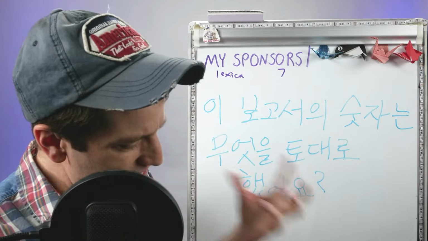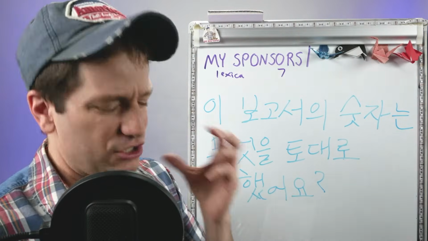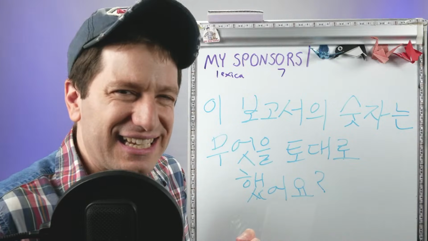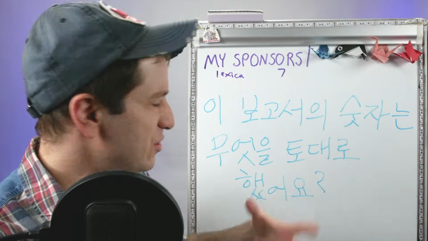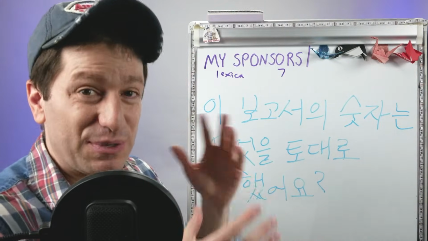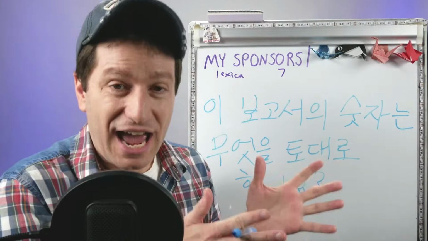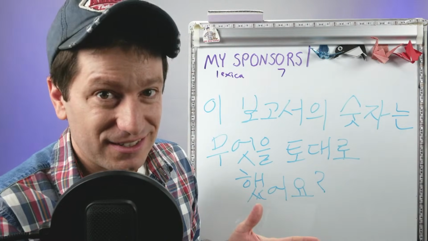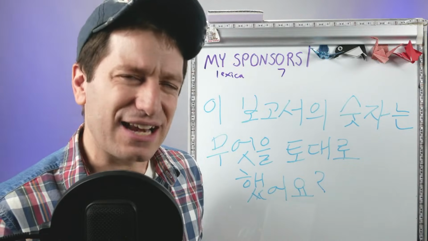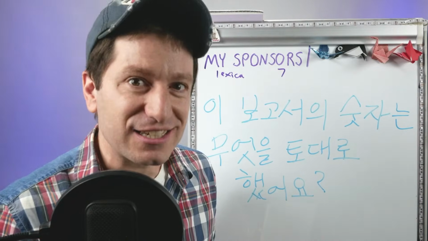토대, again, is not as abstract. It means the structure, like the base of a building, that sort of meaning. So like, what did you actually base these on? What did you actually build these on is what you're saying. So what are they actually based on? You can kind of think of it like that. So it has that kind of nuance, like actually based.